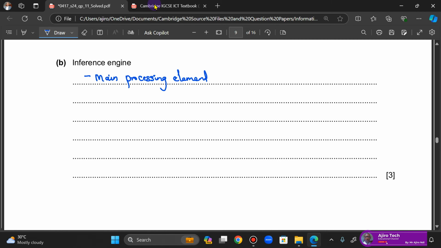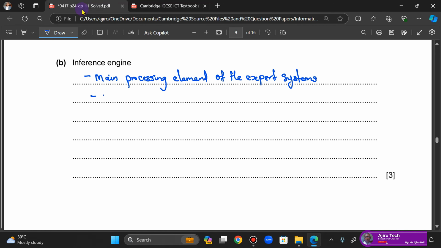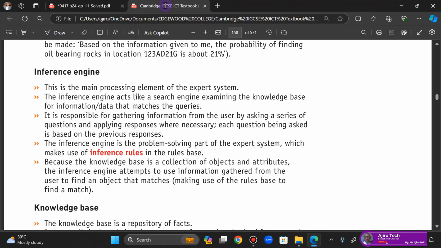Element of the expert system. Okay. And what else? It acts like a search engine. Okay.